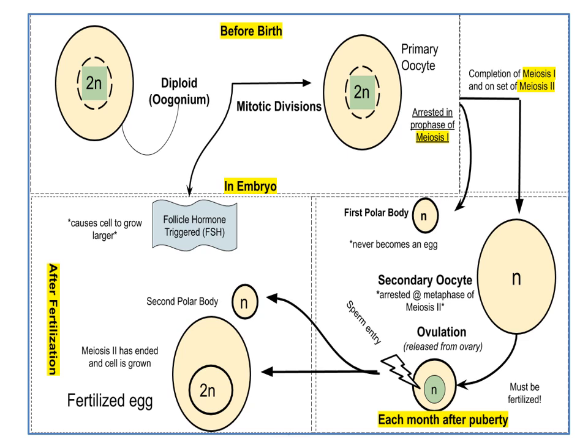And this is the image that depicts all the things we talked about in terms of the development of oogenesis. We start with the gonium. Gonium is usually the 2n or diploid set of cells that undergoes mitotic division to form the primary oocyte. The primary oocyte begins meiosis 1 and is arrested at the prophase stage of meiosis 1, as shown in the image here. This is only completed when we get to puberty.